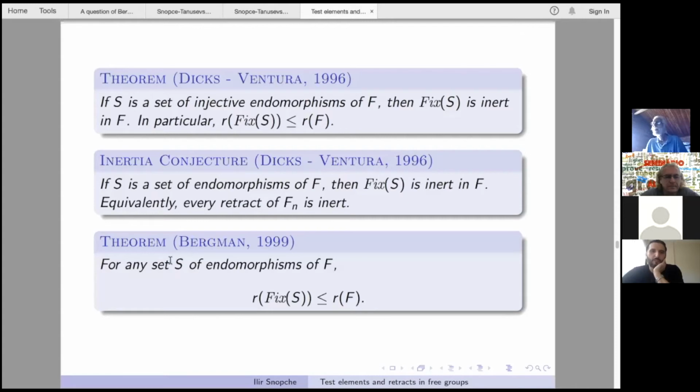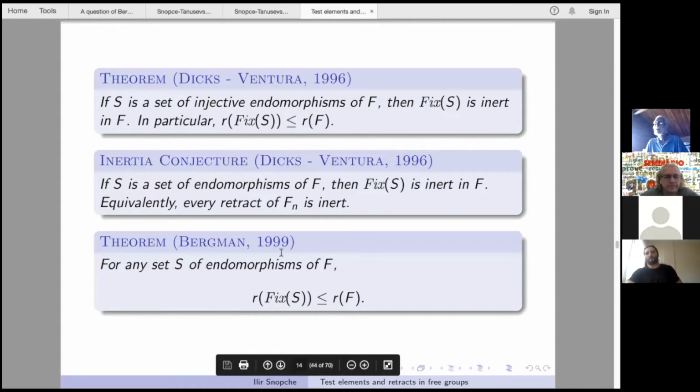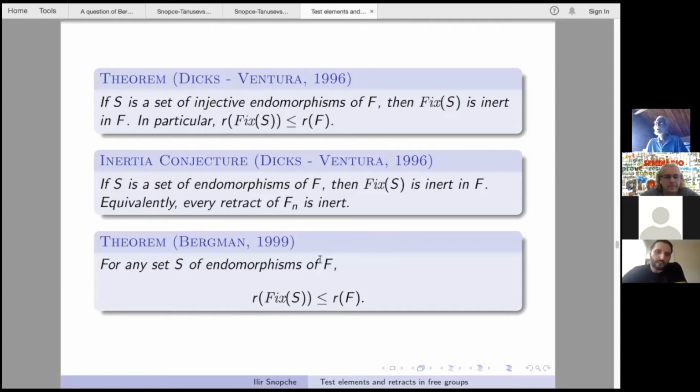Bergman proved that for any set S of endomorphisms of F, the rank of Fix S is less than or equal to the rank of F. The paper was published in 1999. So here the story with the Scott conjecture ends. But in this paper, Bergman was not able to prove the inertia conjecture.